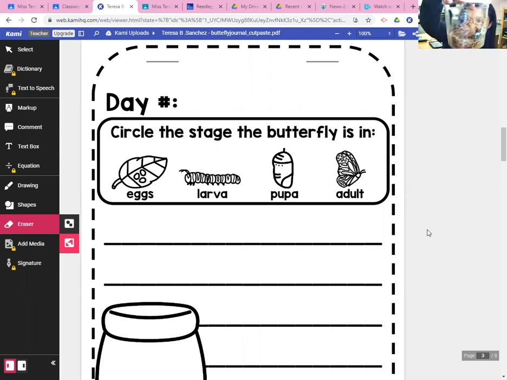So first I'll show you the caterpillars and what they're doing now. Can you see them? They're already hanging from the top of the lid, or they crawled up to the top of the lid. I don't want to move them too much because I don't want them to fall off of the lid. There's 1, 2, 3 already on the lid.